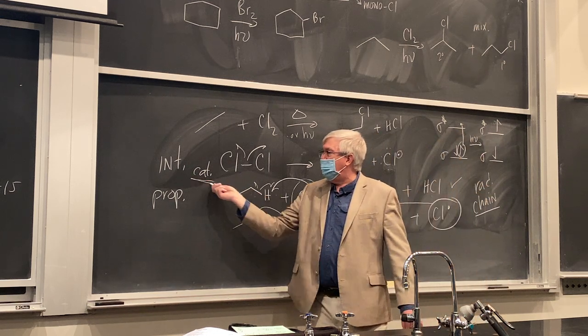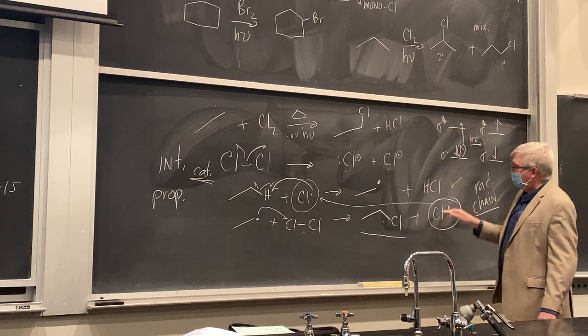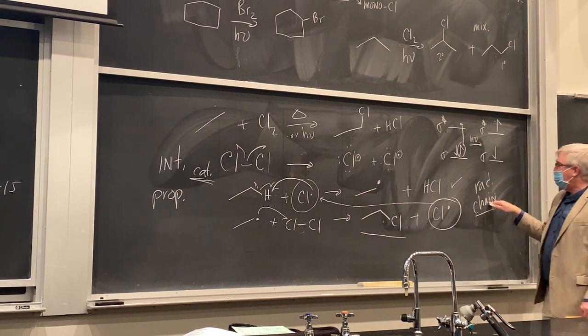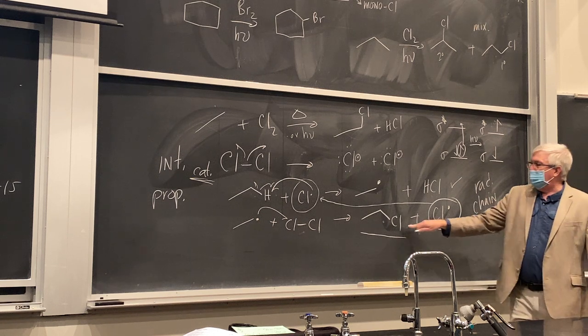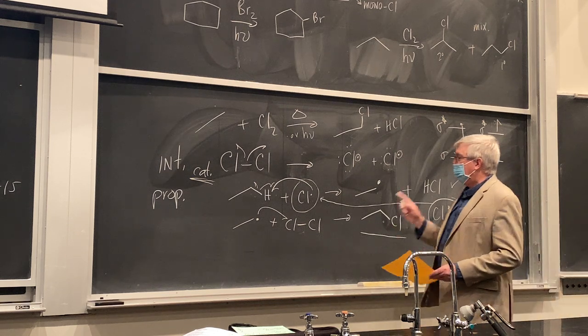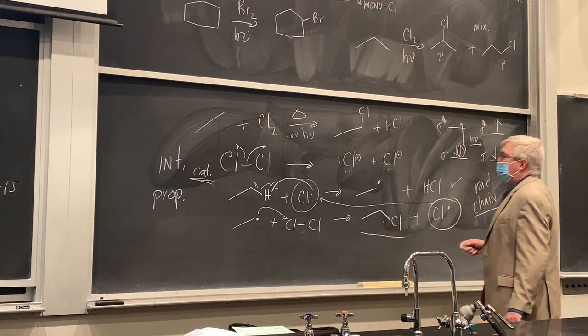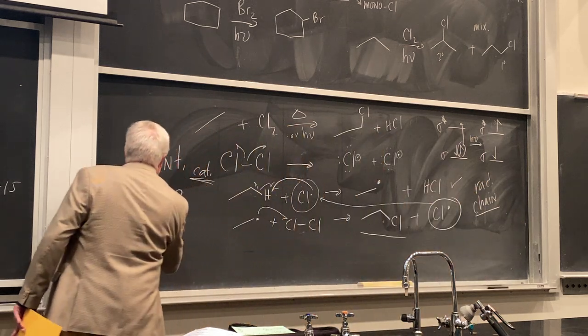This just gets us started, this initiation step with the light or the heat. What propagates and forms the product is the chain, the 2 propagation steps, okay, to form the product and the byproduct there. Now, this can terminate in different ways, and we do have a couple termination steps to talk about.